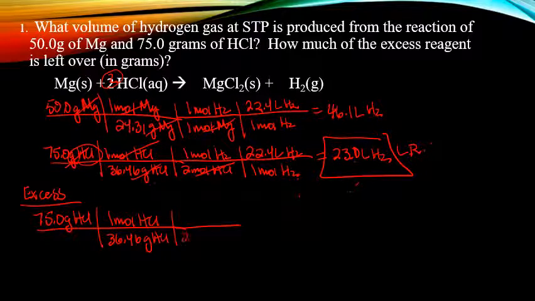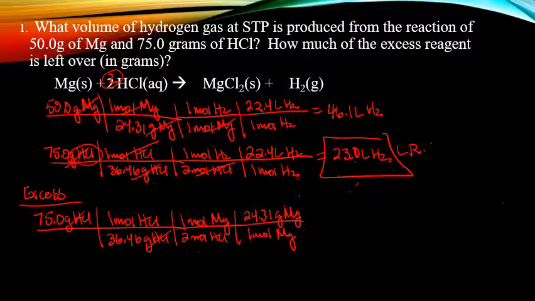And then for every 2 moles of HCl, we had 1 mole of magnesium. And then finally, 1 mole of magnesium, 24.31 grams of magnesium. This way, again, my grams of HCl, my moles of HCl, moles of Mg all cancel, and I'm left with grams of the Mg.